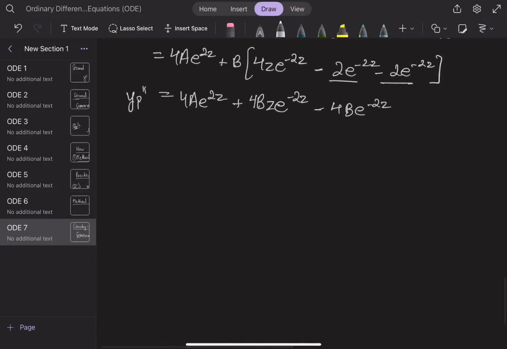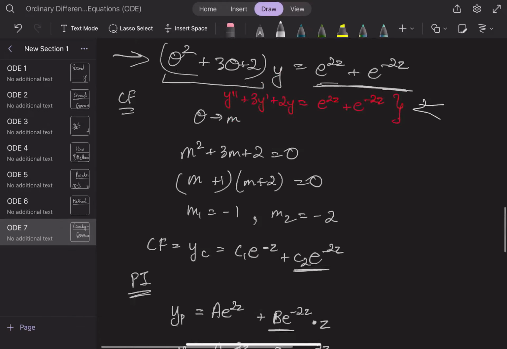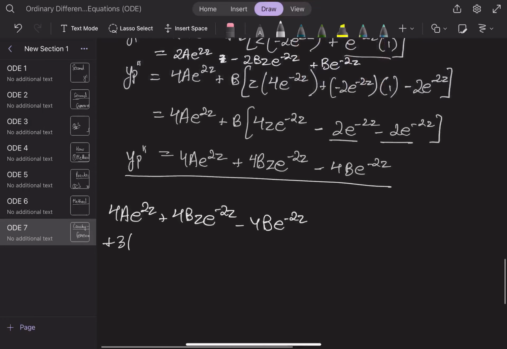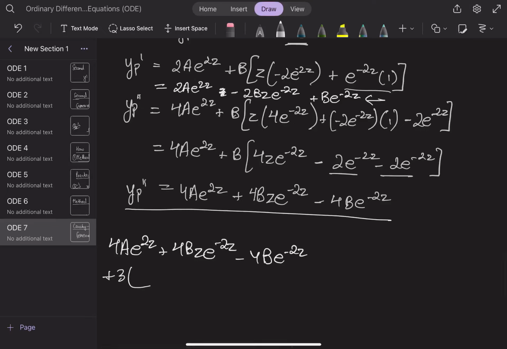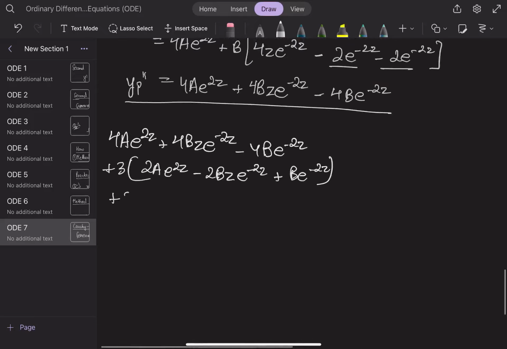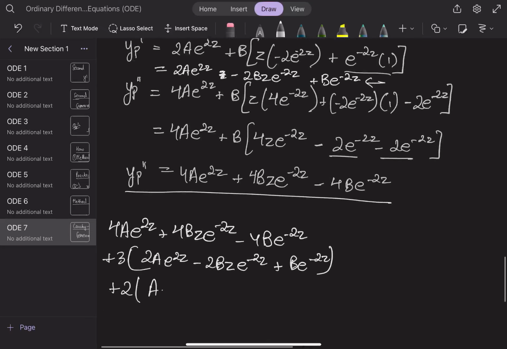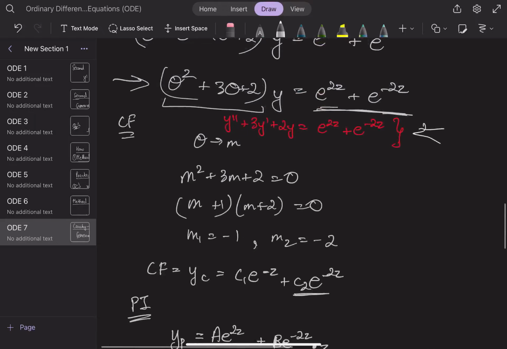So it's y double dash, that is this one, 4A e raised to 2z plus 4B z e raised to minus 2z minus 4B e raised to minus 2z plus 3y dash, this is our y dash, 2A e raised to 2z minus 2B z e raised to minus 2z plus B e raised to minus 2z plus 2y, and this is our y, A e raised to 2z plus B z e raised to minus 2z is equal to this.